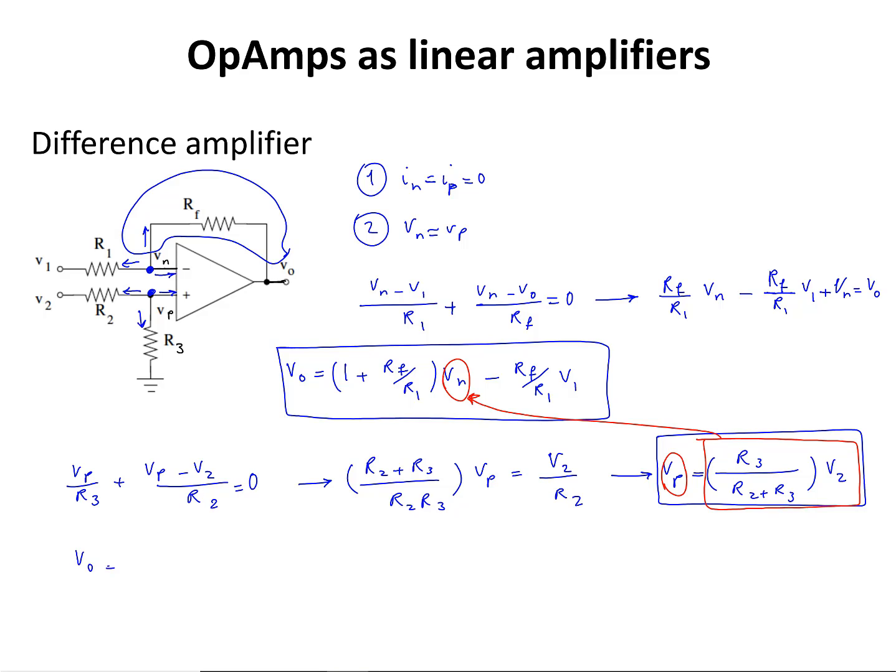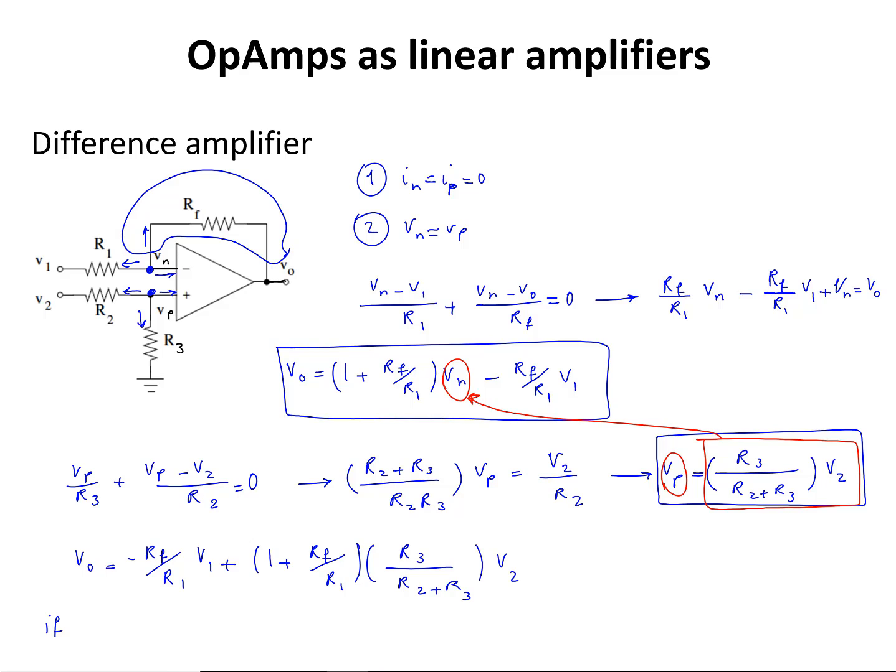So Vout is going to be equal to negative Rf over R1 times V1 plus (1 plus Rf over R1) multiplied by R3 over (R2 plus R3) multiplied by V2.